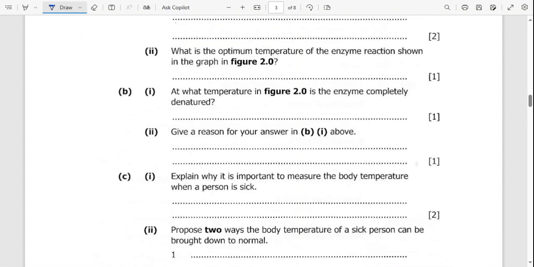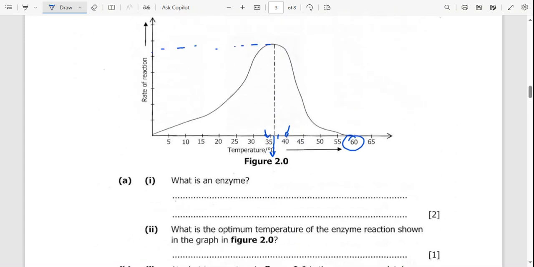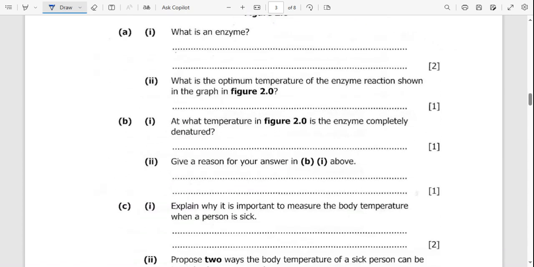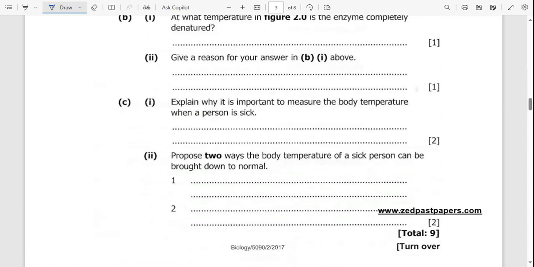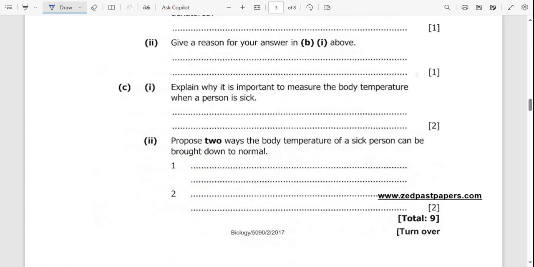Body temperature is going to show you, because at some point of temperature, enzymes in the body will be deactivated. So you need to know the body temperature, and that gives you information about how much the temperature has gone and how many enzymes would have been deactivated or denatured.